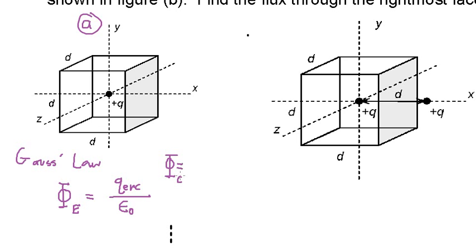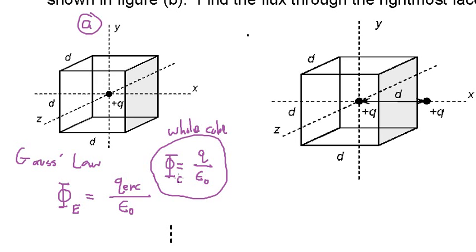In this case, for the entire cube, I'm going to say phi with the subscript c is the electric flux out of the cube, is just that charge q divided by epsilon naught. So this is the total flux coming out of the entire cube. Okay, whole cube.